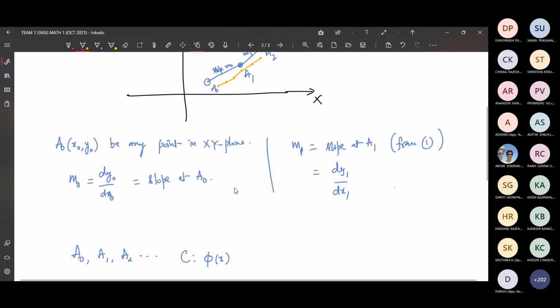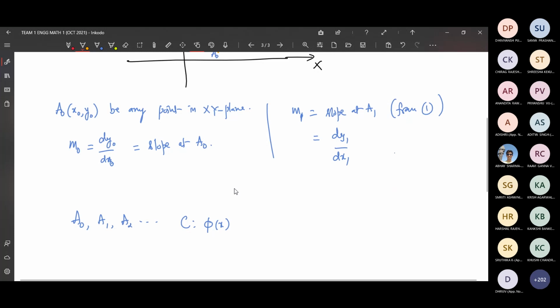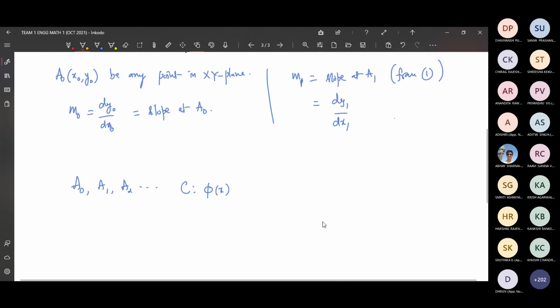So now this curve is nothing but the solution of the differential equation 1. So this depends where you have started.